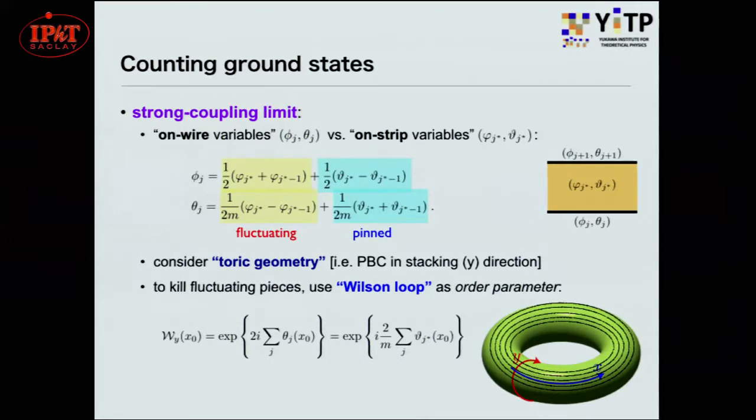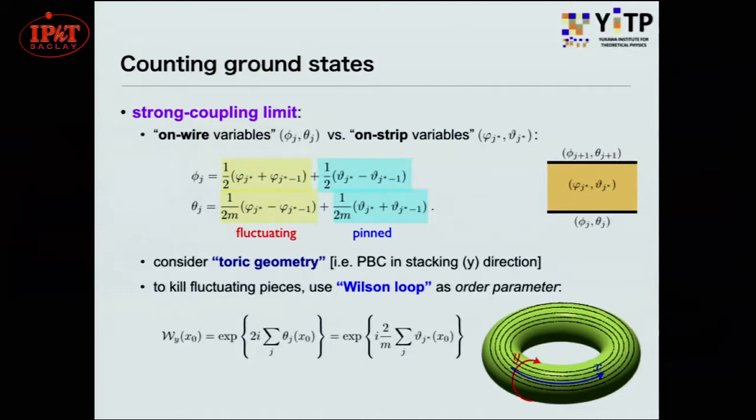Okay, so actually, looking at the definition of the on-wire variables phi and theta, it's made up of two contributions. So theta, we already know by the interwire interaction, we somehow stabilize, pin the round theta variables, so these can take a finite expectation value. But on the other hand, round phi, which is dual to theta field, is strongly fluctuating.